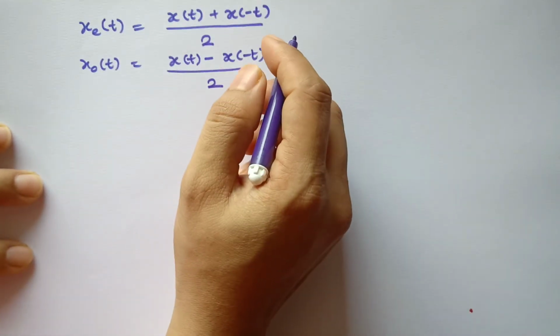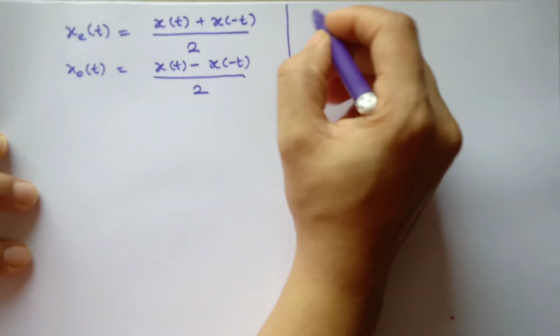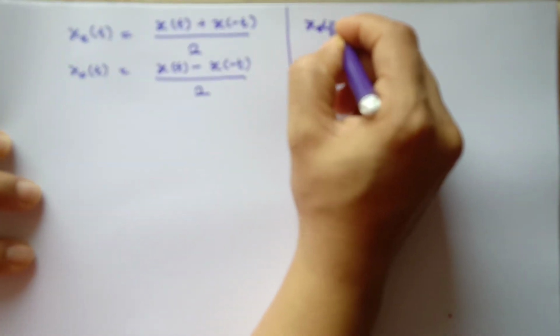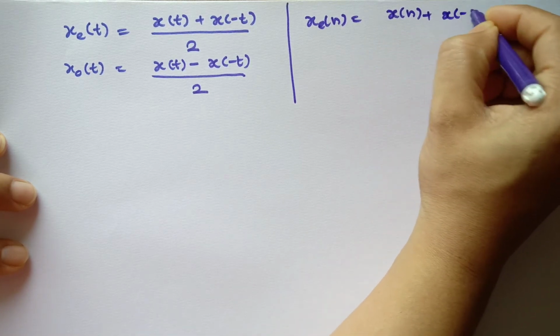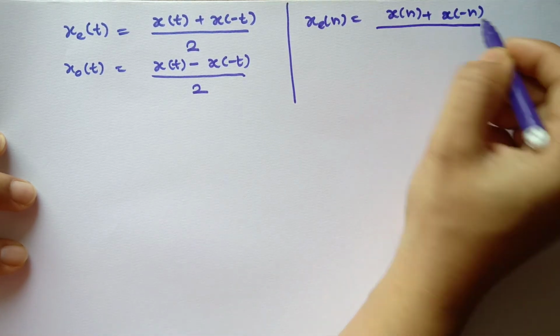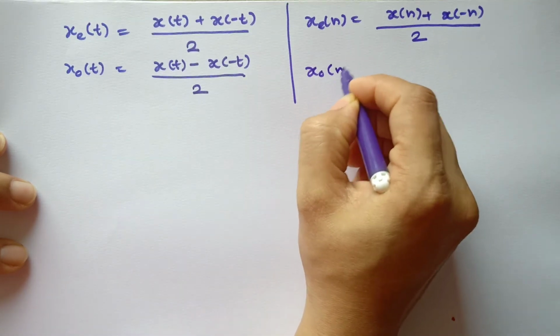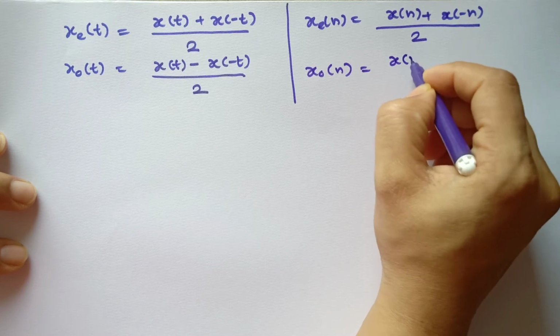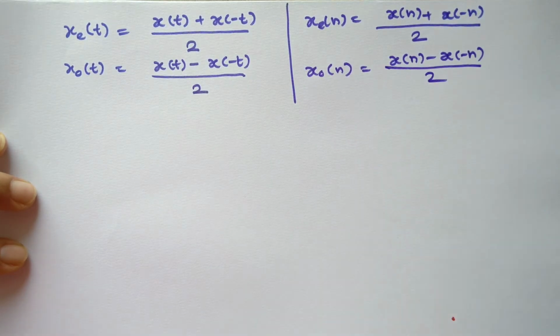Similarly, for discrete time sequences, x even of n is equal to x of n plus x of minus n divided by 2, and x odd of n is x of n minus x of minus n divided by 2.